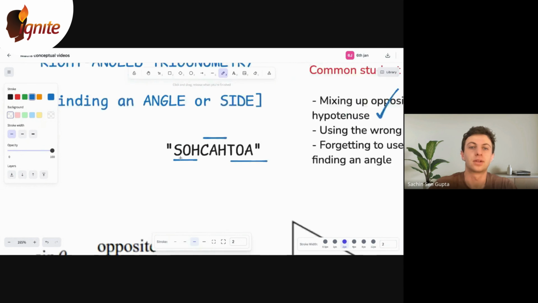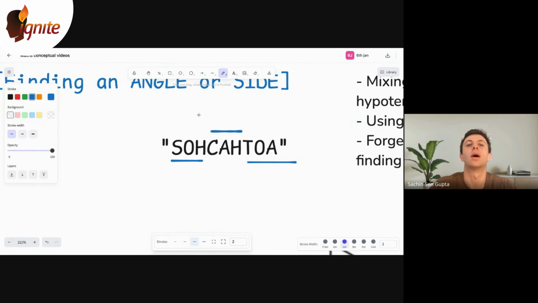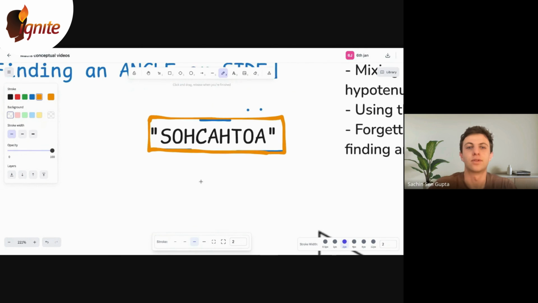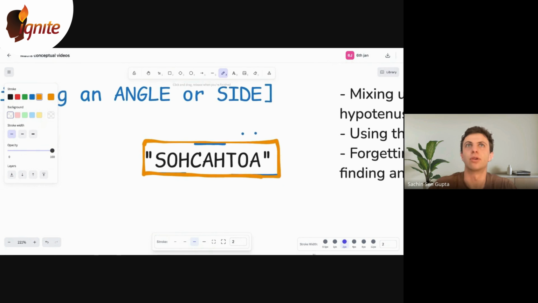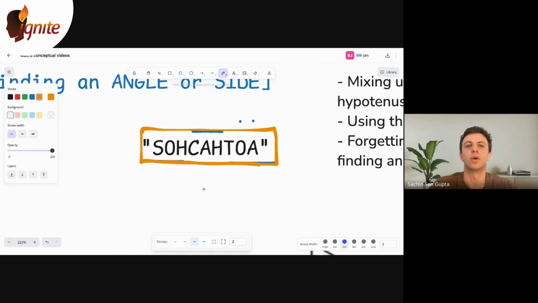So, SOH: sine is opposite over hypotenuse, CAH: cosine is adjacent over hypotenuse, TOA: tan is opposite over adjacent. It might be a bit of a mouthful. The way you do it is you write this up on your whiteboard or just above where you study, so every time you look up you remember it without any effort. That subliminal programming and constant messaging is what you want.